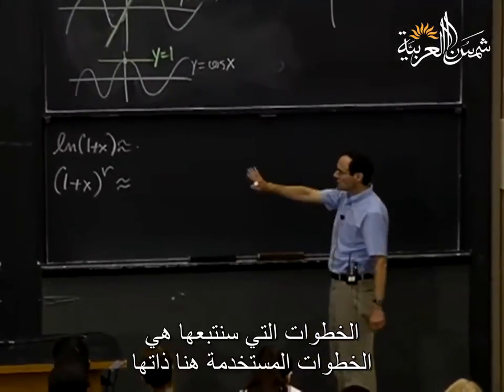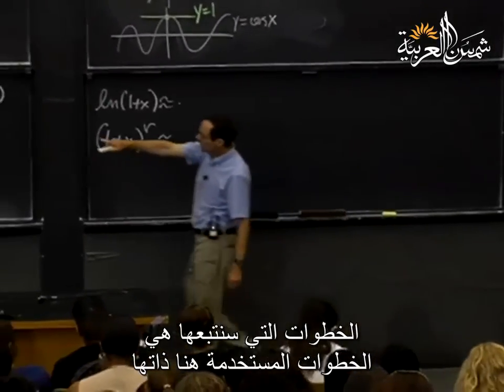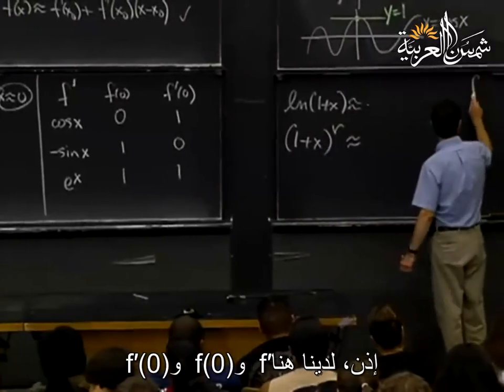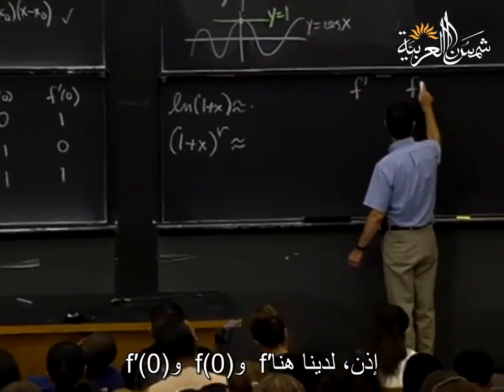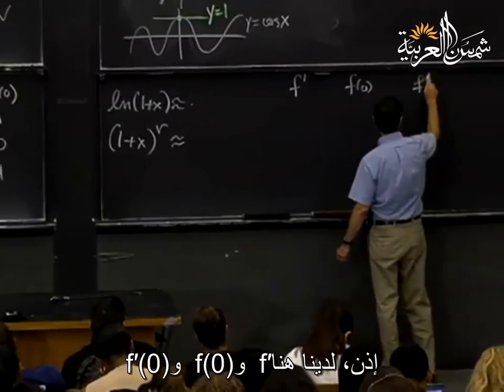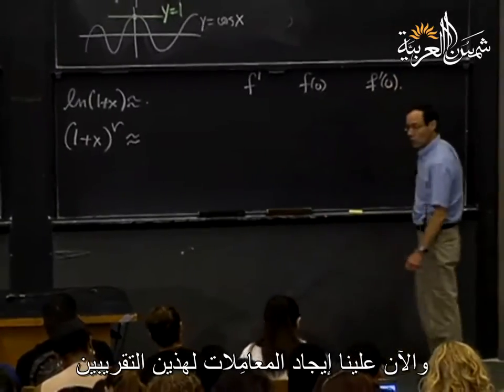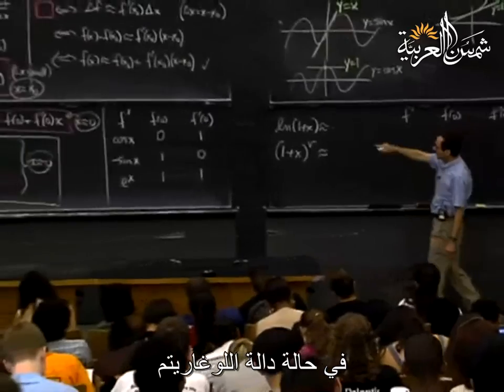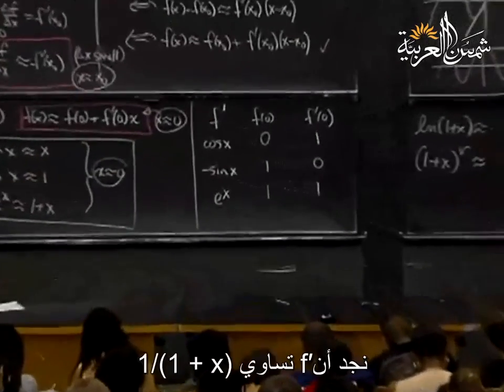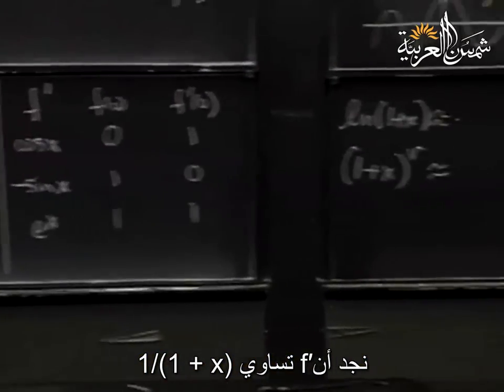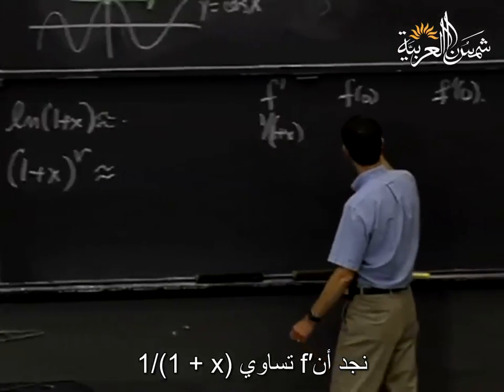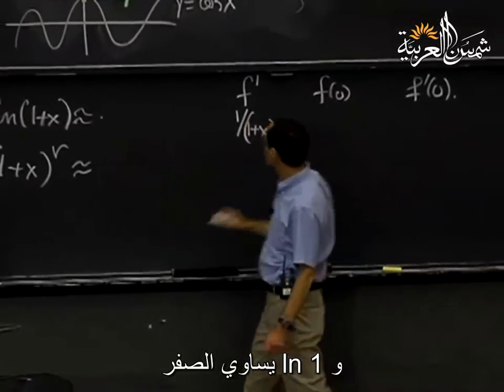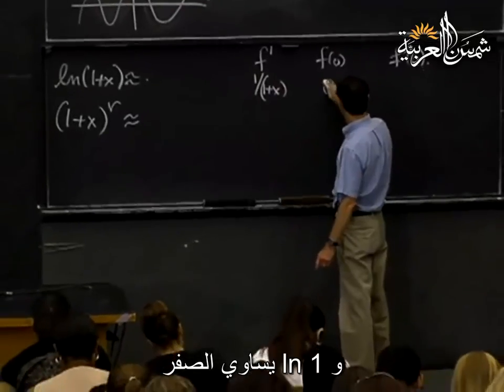Now, the procedure is the same as over here. Namely, I have to write down f prime, and I have to write down f of 0, and f prime of 0, and then I'll have the coefficients to be able to fill in what the approximation is. So f prime is 1 over 1 plus x in the case of the logarithm, and f of 0, if I plug in, that's log of 1, which is 0.